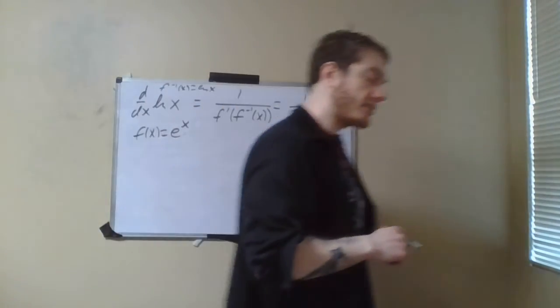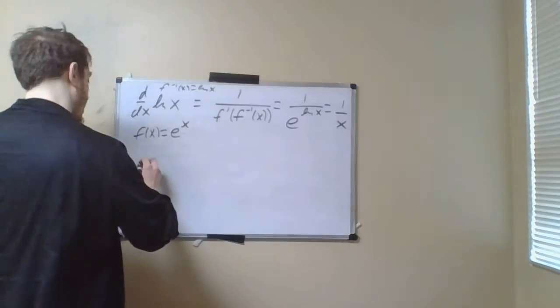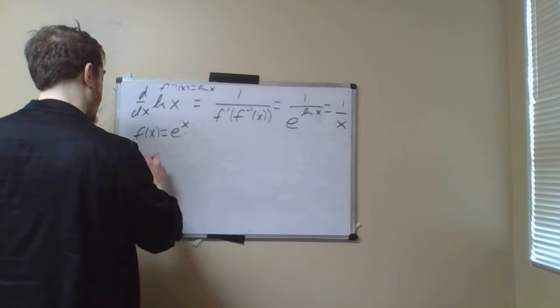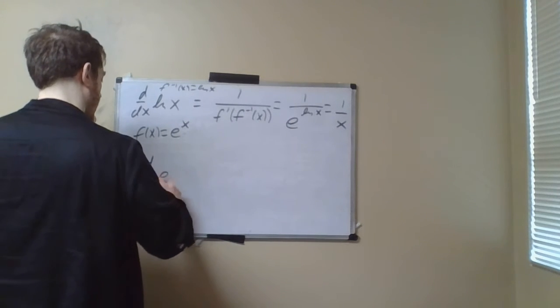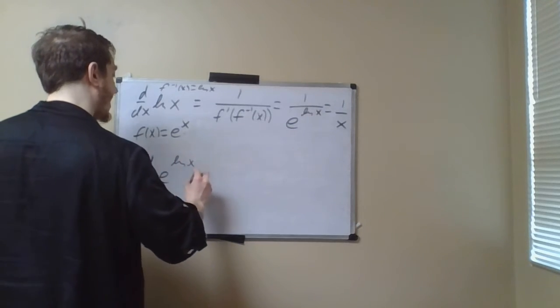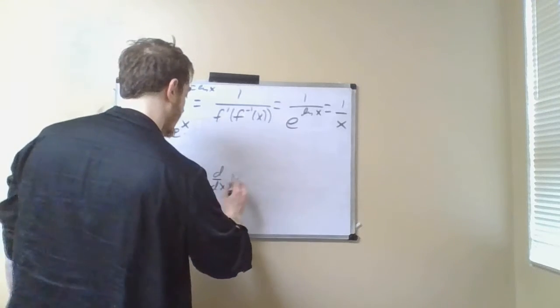We can also see this by just directly using implicit differentiation. If I were to differentiate e to the log x, that has to be equal to the derivative of x.